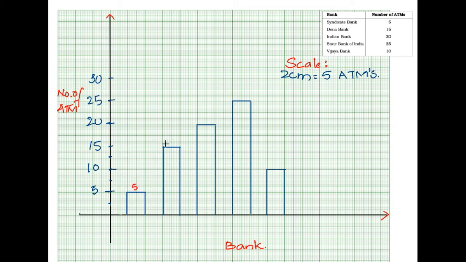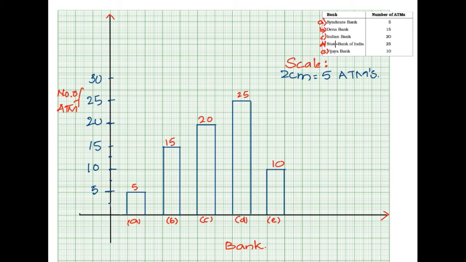It's 5, it is 15, 20, 25 and 10. The respective banks we can mention here. What I prefer doing is I'll give a serial number, say A, B, C, D, E. This first one is A, second one is B, third one is C, fourth one is D, and the last one is E. These are the name of the banks which can be referred here.